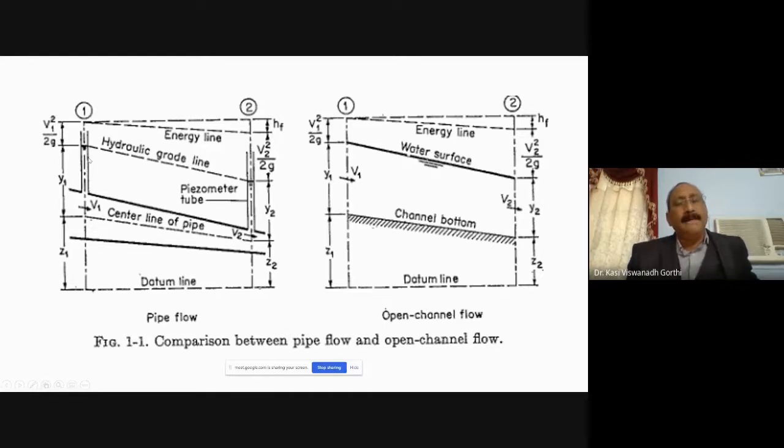The line joining all the piezometric heads is called the hydraulic grade line, HGL. In the case of a pipe flow, it may be somewhere here.